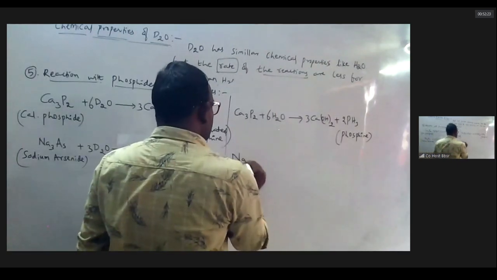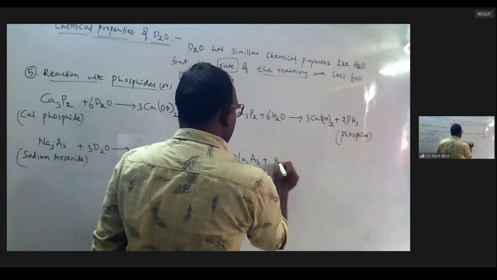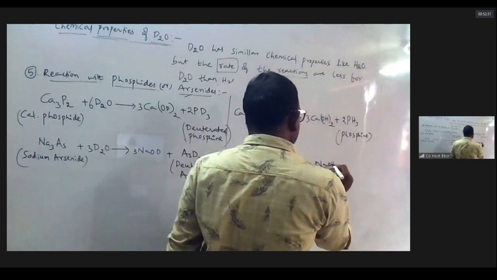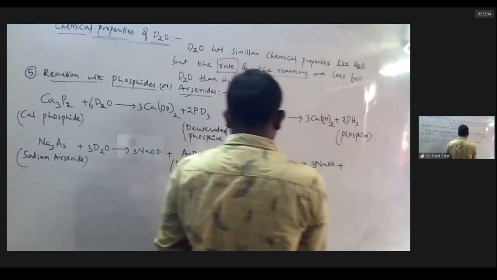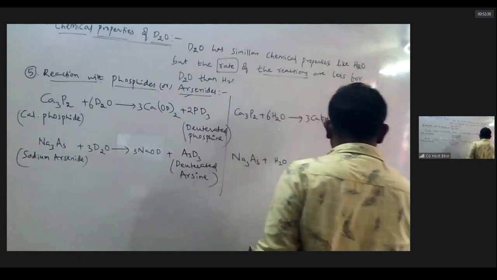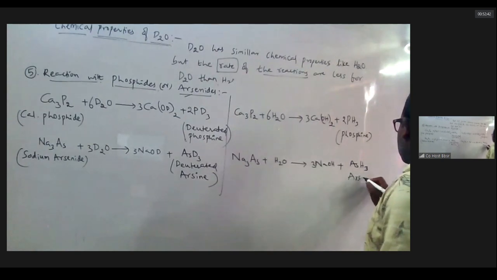That means Na3As plus H2O gives 3 NaOH plus AsH3. This is arsine.